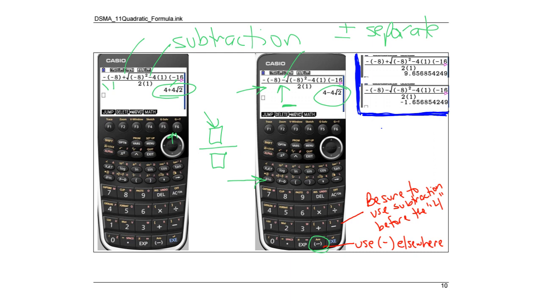I did also include up here, I just wanted you to see that when you hit the FD key and change these to a decimal, you can see that we actually have answers. There really are points on the x-axis. They're just not very pretty points, and so that's why we leave them in exact form until the very end.